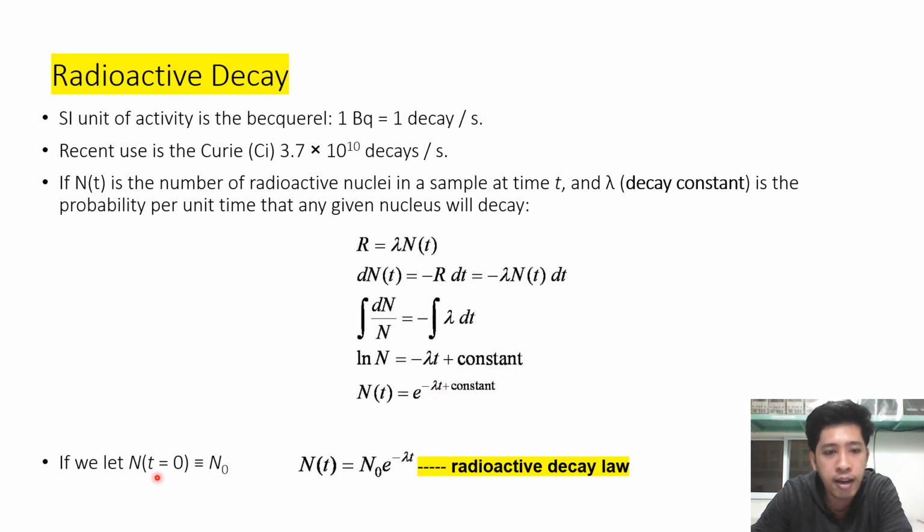And if you let your N at time equals 0 to be N naught, then your radioactive decay is equal to N of t equals N naught e to the negative lambda t, where lambda is again your decay constant, and t is your time in seconds, and N naught is the initial number of your radioactive nuclei, and then N of t is the number of your radioactive nuclei after some time t. This is your radioactive decay law.